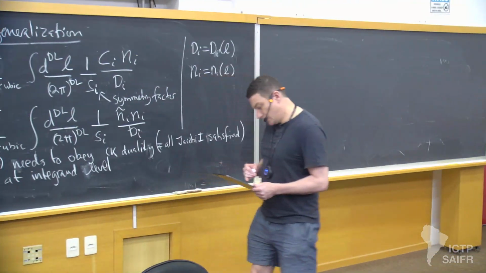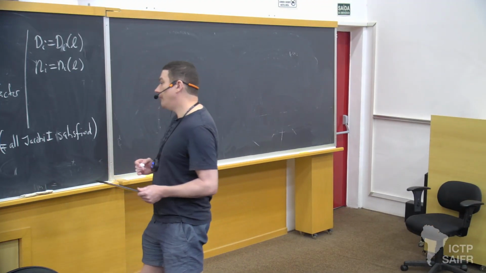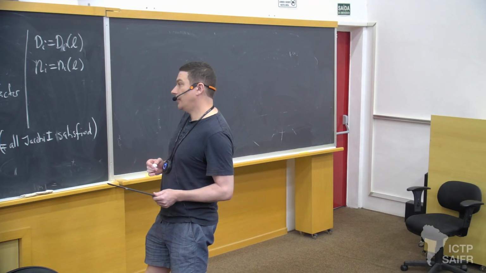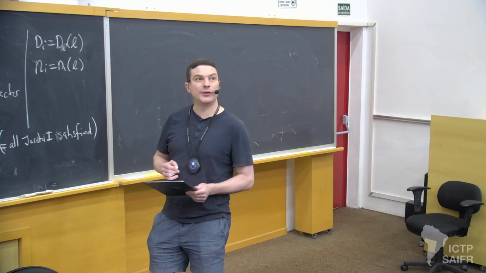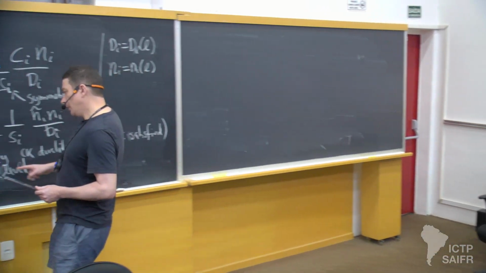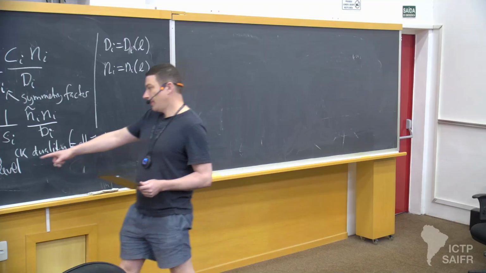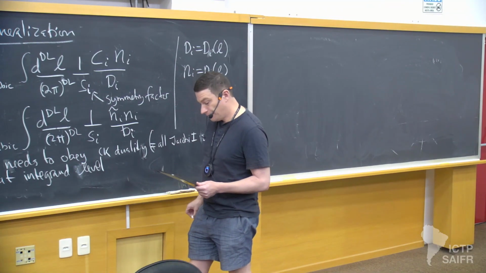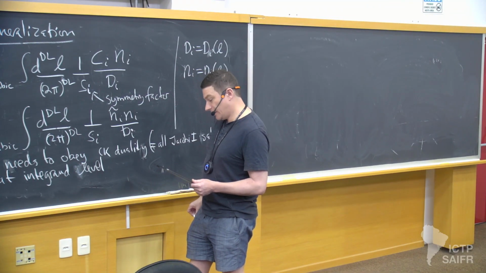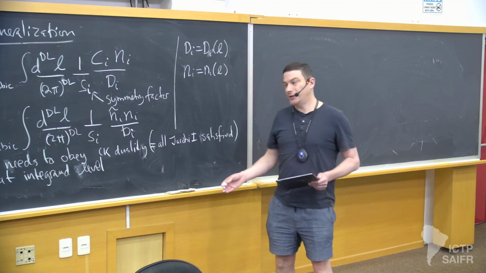And those of you who know what kind of complications you encounter for loop diagrams might know that there's no unique way to define integrands. So one has to worry about what does this even mean, that it needs to obey it at the integrand level. But let's say, for clarity, that we can always define an integrand each time we do a unitarity cut.